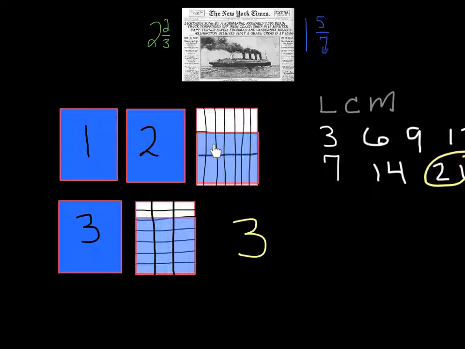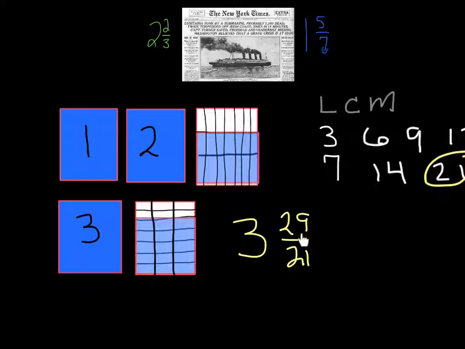So 1, 2, 3, 4, 5, 6, 7, 8, 9, 10, 11, 12, 13, 14, 15, 16, 17, 18, 19, 20, 21, 22, 23, 24, 25, 26, 27, 28, 29. So I have 29 21sts. And that right there is your answer. You're going to use 3 and 29 21st pages.